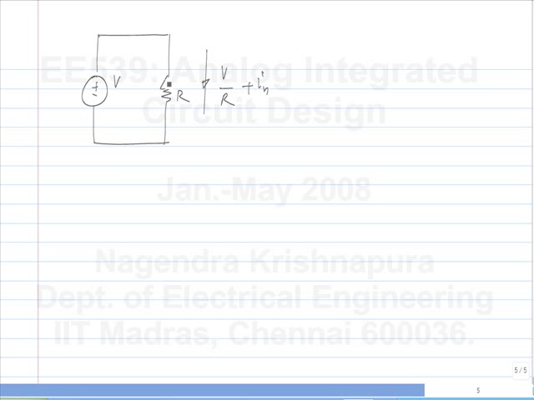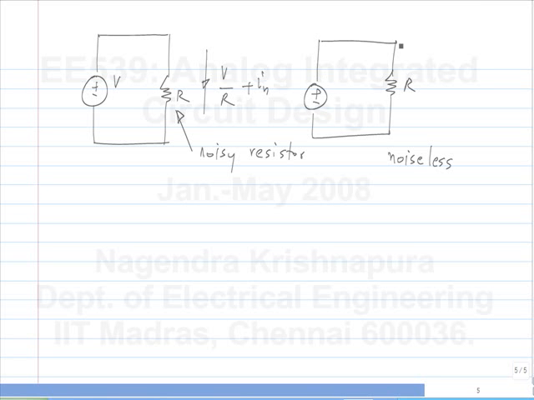So the model for the resistor will be a noiseless resistor of the same value R. So this gives me the part V by R. Okay. If I have V across it, I will only have V by R. So to that I need to add a noise current IN in the model. Okay. And what is IN? I don't know the instantaneous value of IN, and I don't care also. Okay.